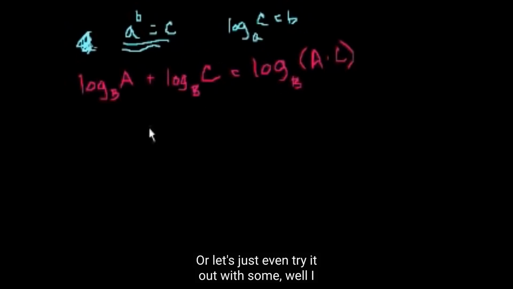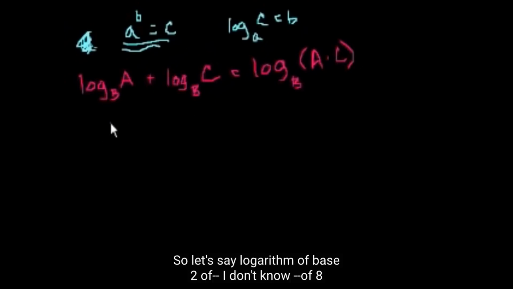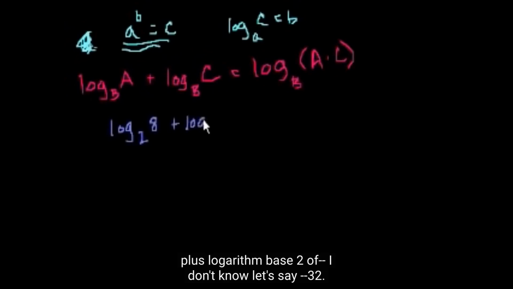Now what does this mean and how can we use it? Let's just try it out with some examples. So let's say logarithm base 2 of 8 plus logarithm base 2 of, let's say, 32.